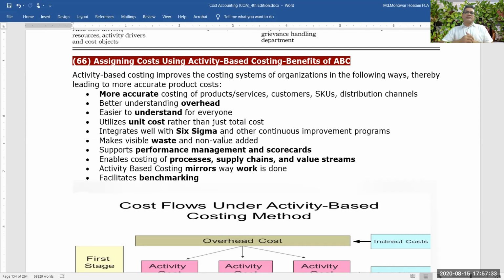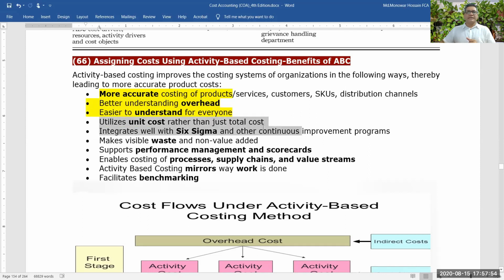So activity-based costing improves the costing system of an organization in the following ways. It gives more accurate costing of a product or service, better understanding of overhead, and is easier to understand for everyone.